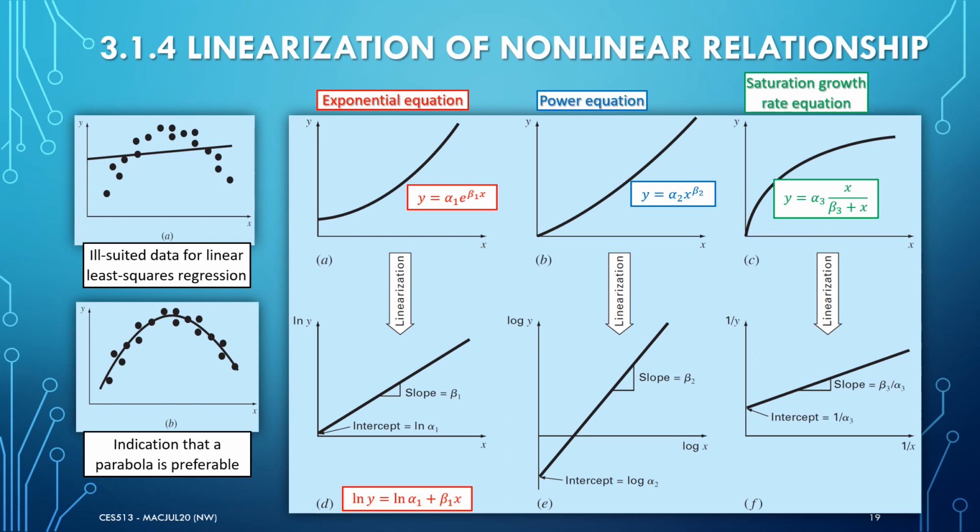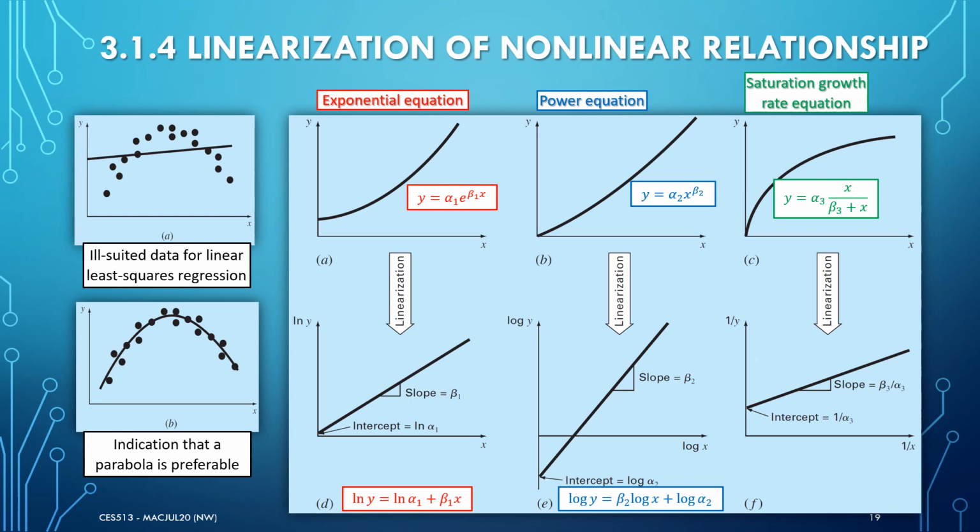A plot of ln y versus x will yield a straight line with a slope of beta 1 and an intercept of ln alpha 1, as in figure D. Equation B is linearized by taking its base 10 logarithm to give equation E. Thus, a plot of log y versus log x will yield a straight line with a slope of beta 2 and an intercept of log alpha 2, as in figure E.